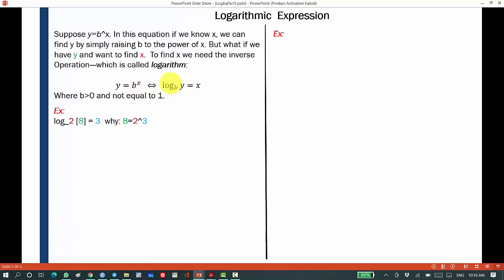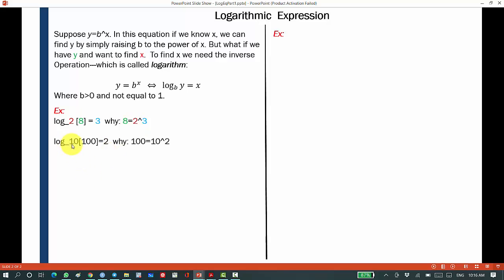For example, we know that 8 is 2 to the power 3. Therefore, the log base 2 of 8 is 3. Remember that 2 remains the base in both equations, both in the logarithm and the exponential expression.